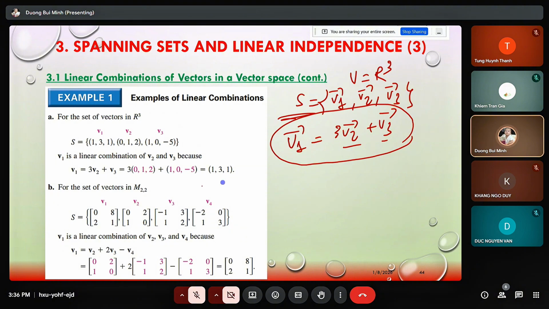So here this is the vector space. We have S, so we can find out V1 is the linear combination of V2, V3, V4, and so on. So you can find the subspace.